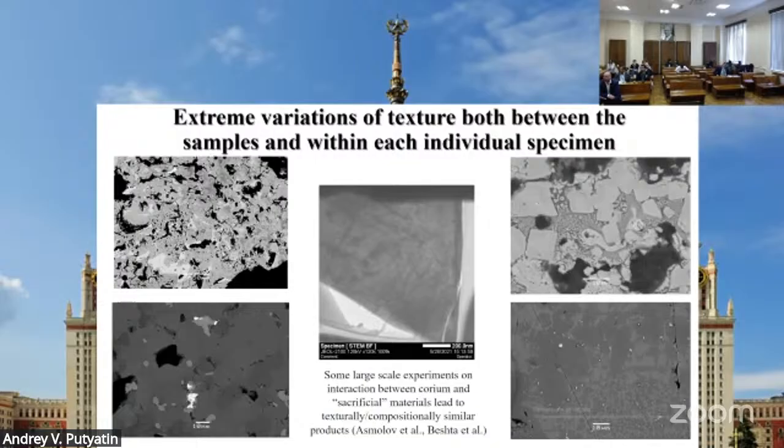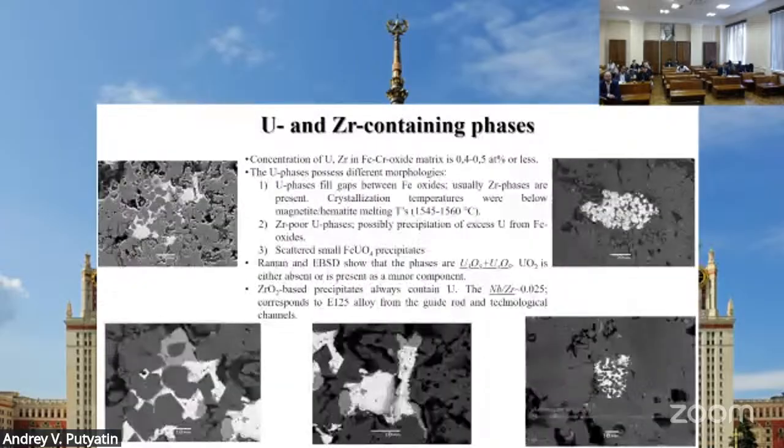As you know, pure stoichiometric uranium dioxide melts at very high temperatures. Very high temperatures here means 2,800 degrees, and such temperatures are unlikely to be achieved at a large scale. But if you have hyperstoichiometric uranium dioxide, for example, U3O8, the melting temperature drops quite considerably.